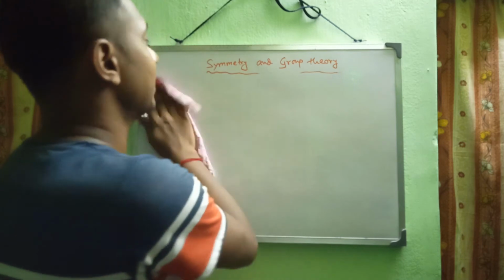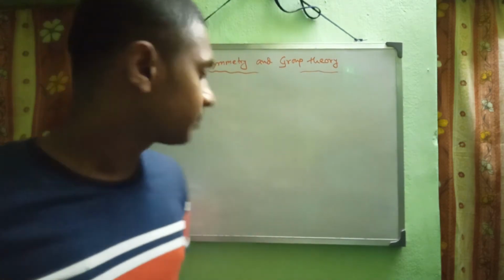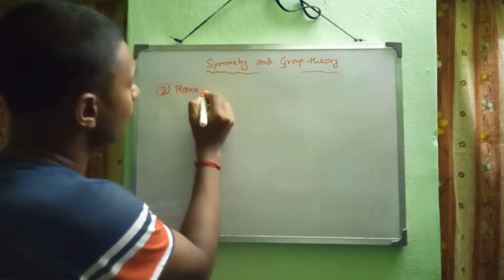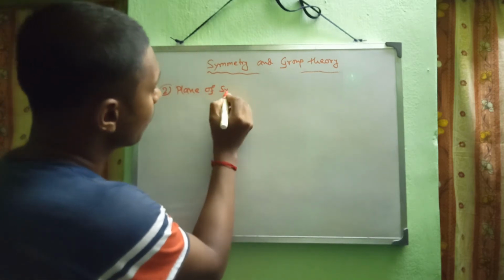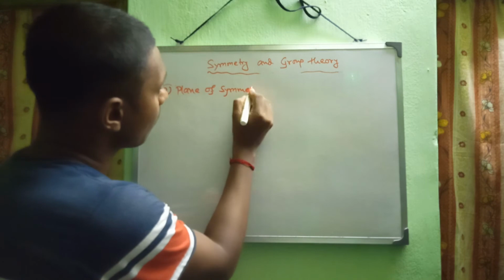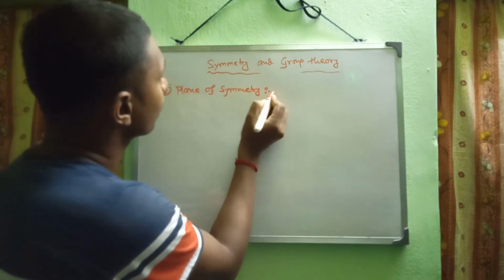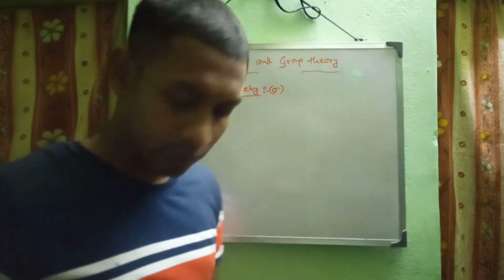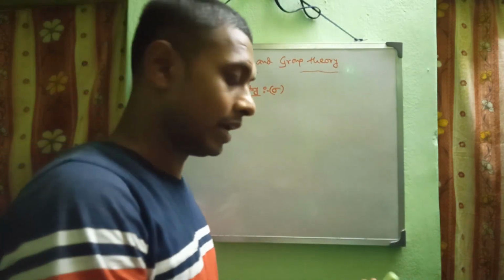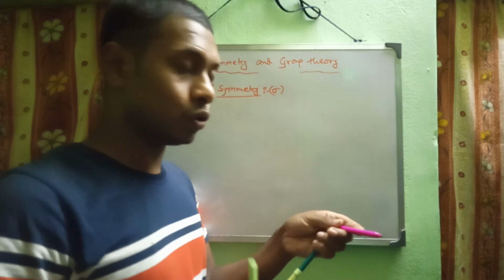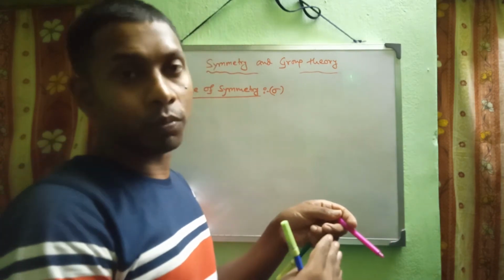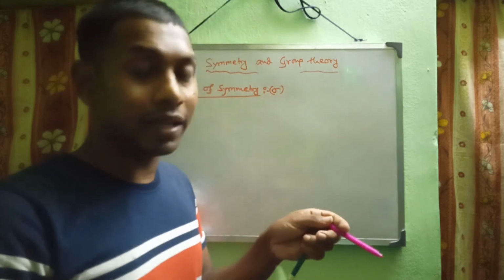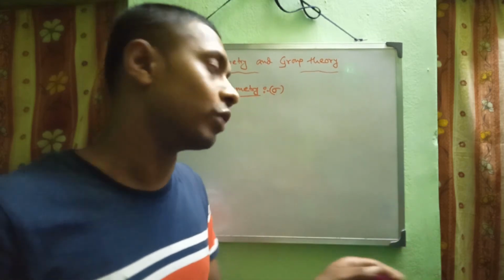Now coming to the second one, which is plane of symmetry. Denoted by sigma. Now, if a plane passes through a molecule such that one half of the molecule is exactly the mirror image of the other half, then the molecule possesses a plane of symmetry.